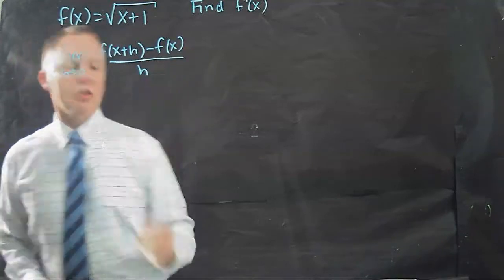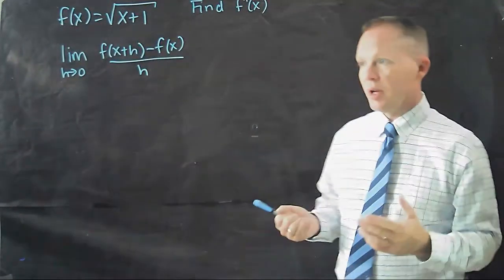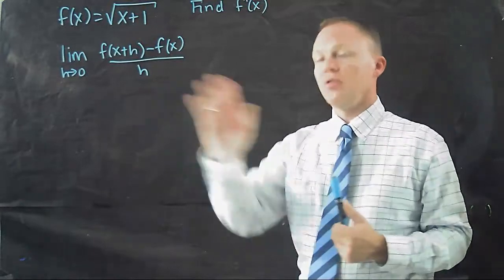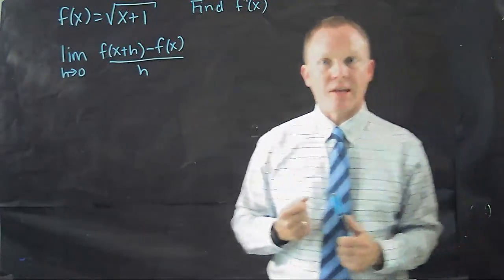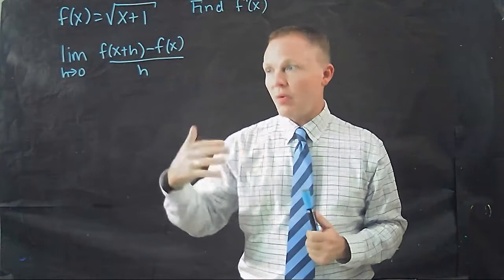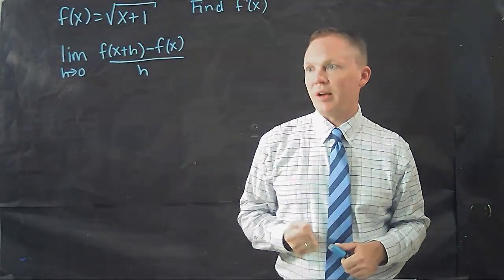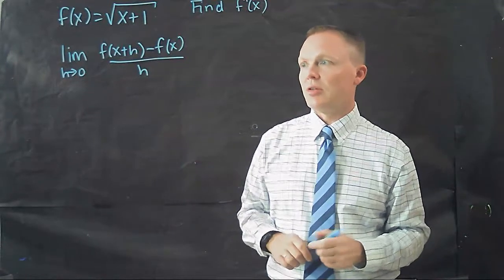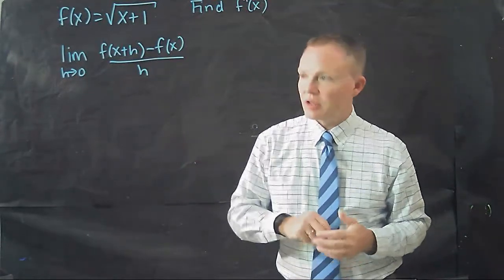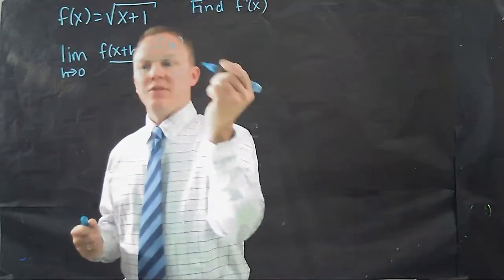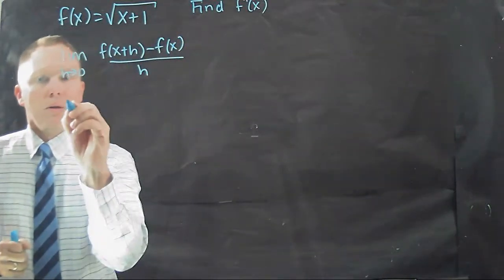When I'm computing a derivative using the limit definition, I always write it down because it'll help you memorize it. It's a good exercise to write down every single time. The limit as h goes to 0 of f of x plus h minus f of x over h. The limit of a difference quotient. So here we go.